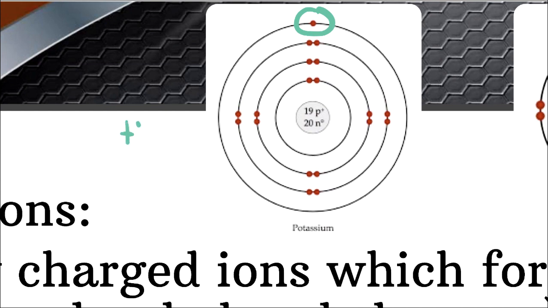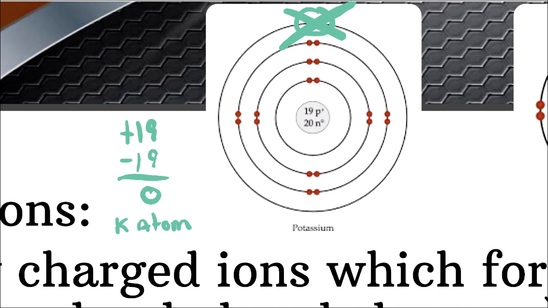Well, if it starts out with 19 protons and it has 19 electrons at first, it's electrically neutral. It's just a potassium atom. So this is a potassium atom. All right, now, potassium wants to lose an electron. It wants to get rid of this. Bam, we got rid of it. It's gone. It left.